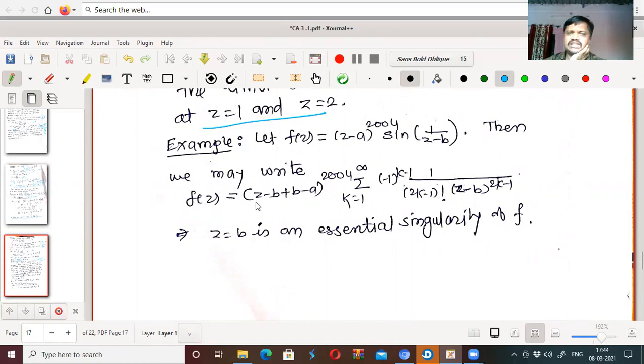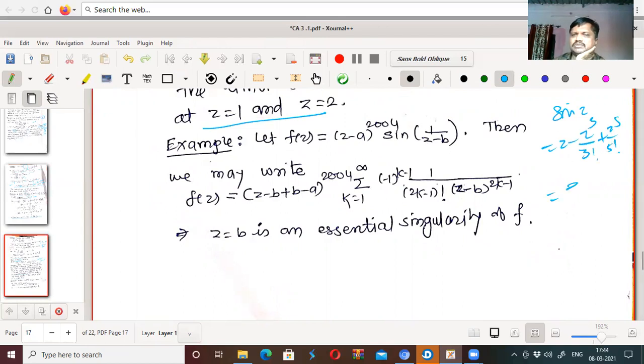Then we may write f of z in this way, adding b and subtracting b here, and this sine function, we know sine z has the expansion z minus z cube by 3 factorial plus z raised to 5 by 5 factorial and so on.